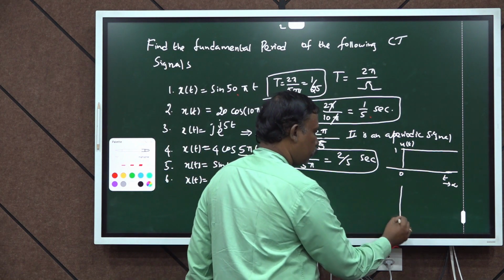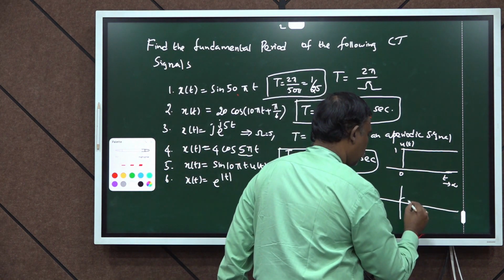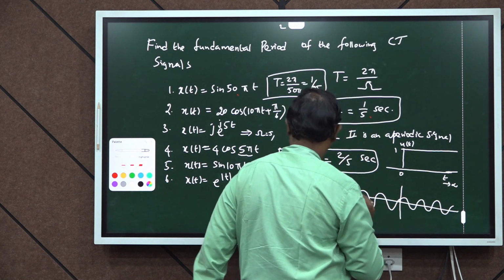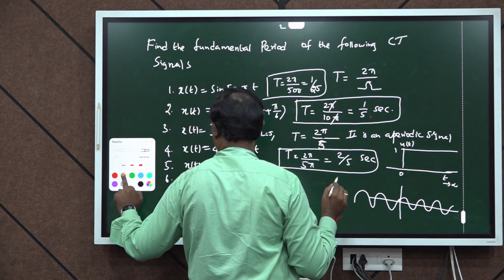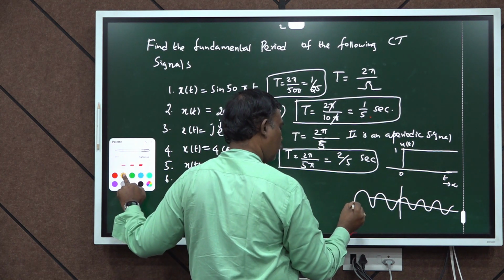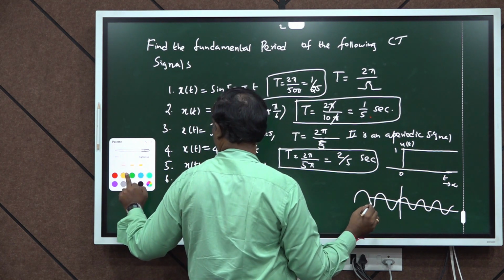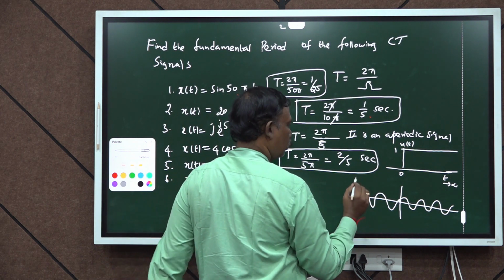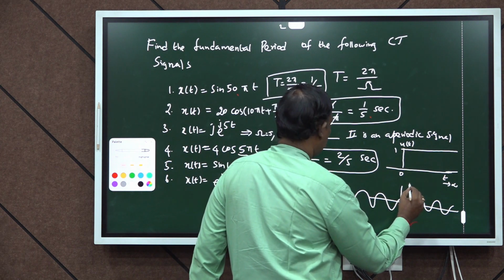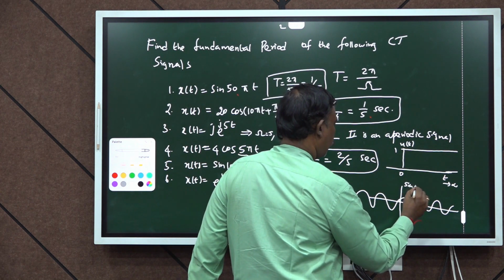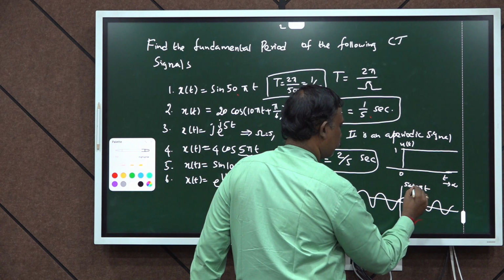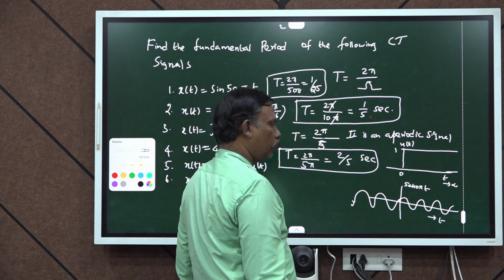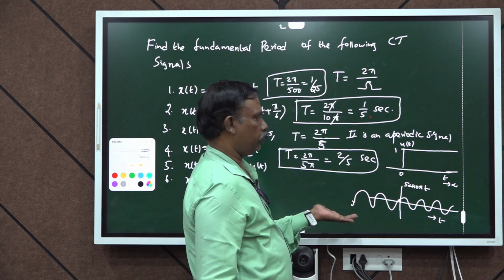The sinusoidal wave is, we know, this is sin 10 pi t. You multiply both the signals, this part won't come.